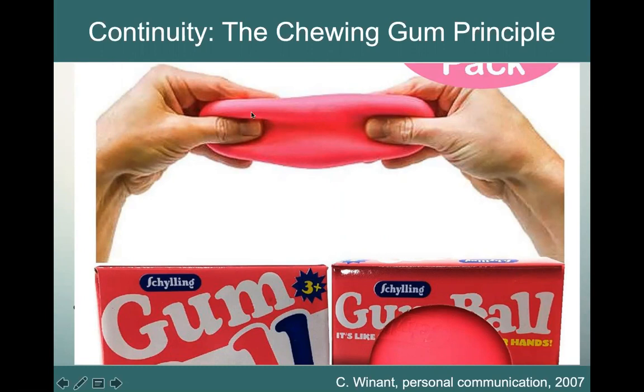So if we pull our chewing gum in one direction, if we speed up the velocity, how much water is flowing out of the box in one direction, then more water needs to flow into the box in another direction. And so if we stretch it out this way, it's got to get thinner this way. And if we squeeze it up in one way, it's got to get narrower on the other sides.